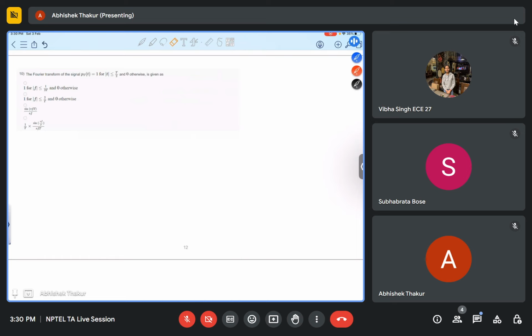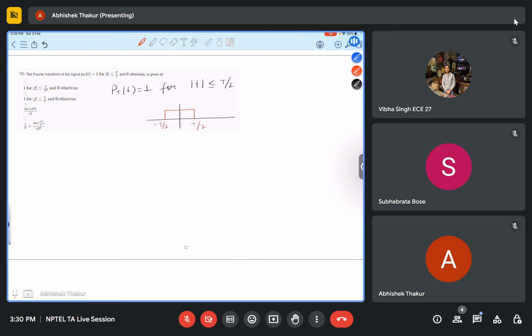Now question number 10, the Fourier transform of signal p(t) is equal to 1 for mod of t less than T by 2. So here the signal is given like this, minus T by 2 to T by 2.